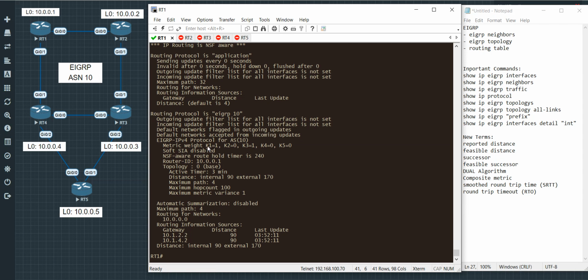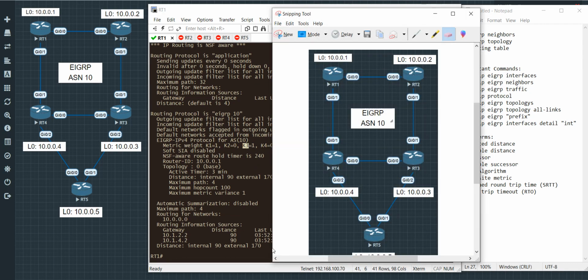When it has a 1, it means that K value 1 is going to be used as part of the metric. K value 2 equals 0 means that K value 2 is not going to be considered when it's calculating its metric. It has 5 values to choose from, but by default, it only uses K value 1 and also K value 3.